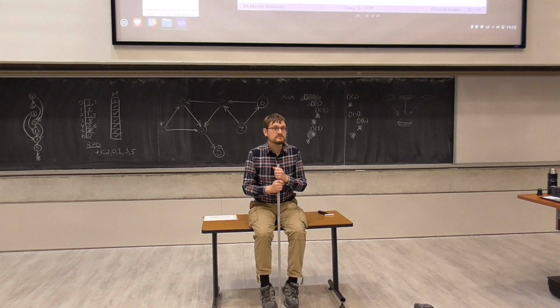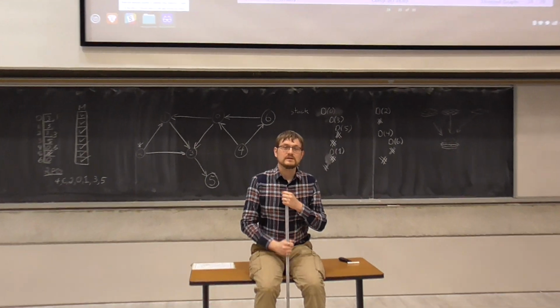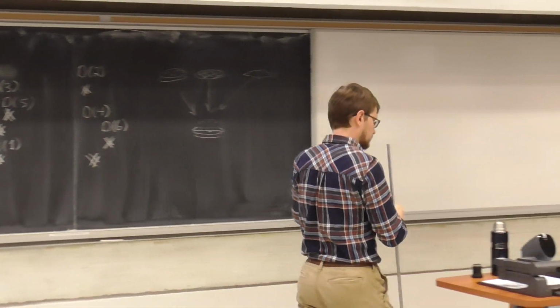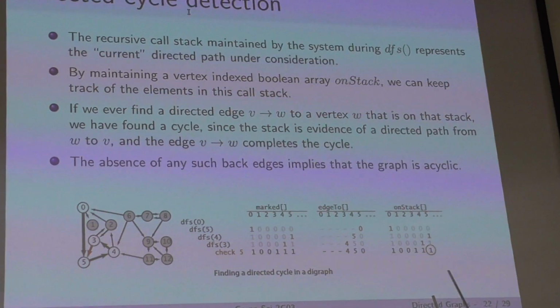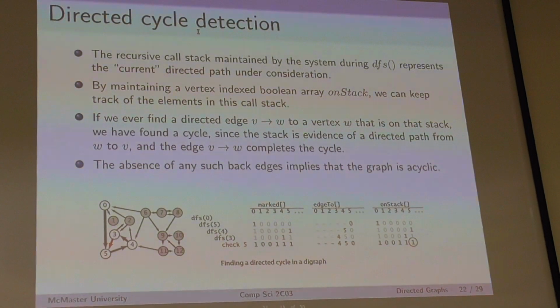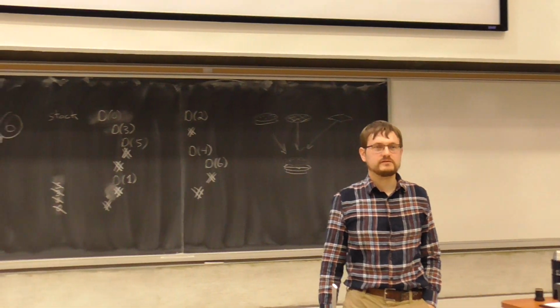No ideas whatsoever? Yes? Is that just using the depth first search for each argument and have a set? Mm-hmm. So remember the on stack? This thing is going to have a maximal extent.